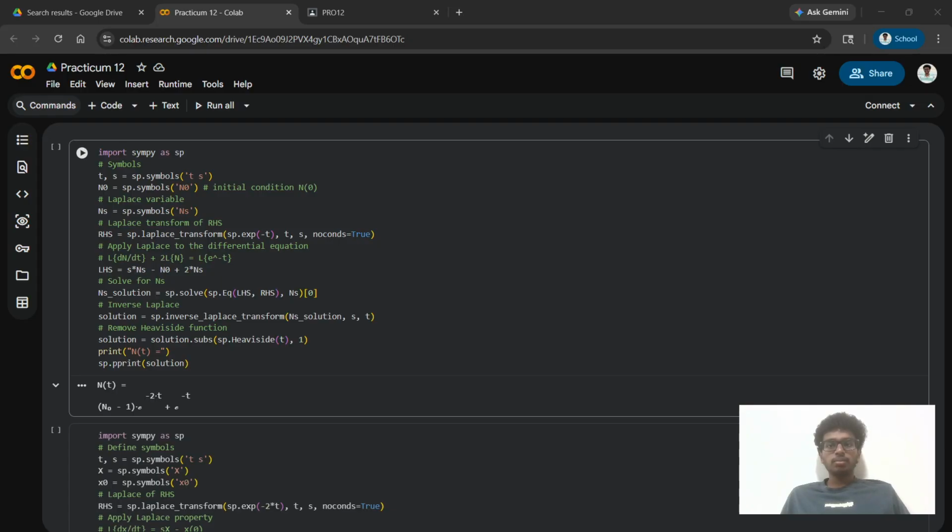of the packet queue. In this Python program, we first import the SymPy library, define symbols for time and Laplace variables, and represent the initial condition. Then we compute the Laplace transform of the right-hand side exponential function.